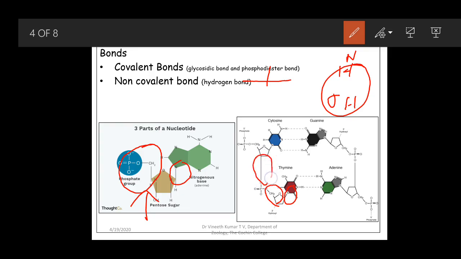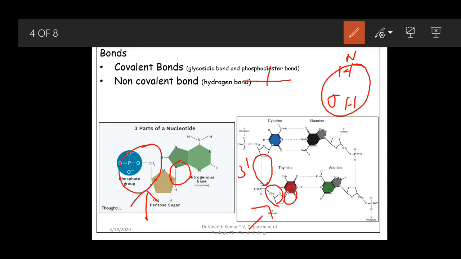Here you can see the 3' hydroxyl group of this particular sugar forming an ester bond with the phosphate group of this nucleotide. Thus a phosphodiester. The first ester is between the ribose sugar of one nucleotide and the phosphate group at the 5' carbon.